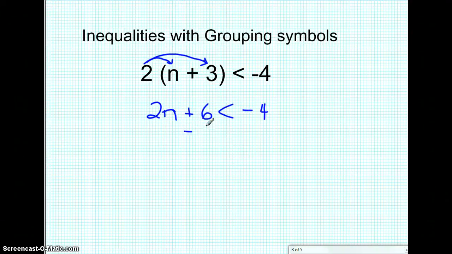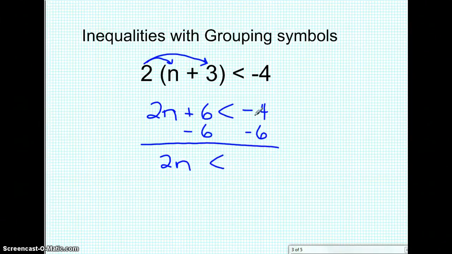The next step is to subtract 6 from both sides. We're starting to isolate that variable n. So what I have left over here is 2n is less than negative 4 minus 6. You have to remember your integer rules when you're subtracting. So we're going to keep, switch, change. Negative 4 plus negative 6 is going to give me negative 10.